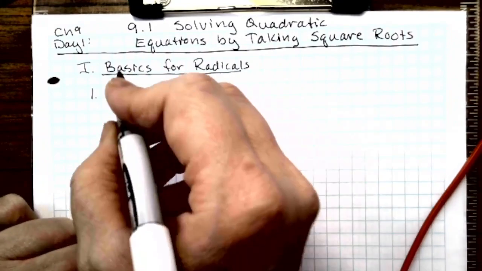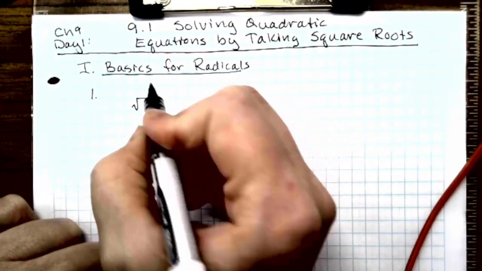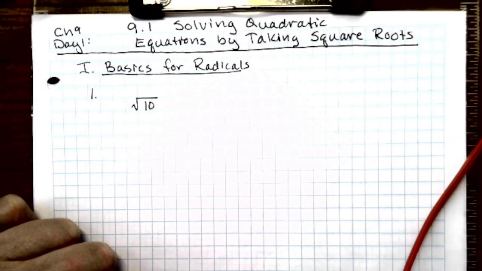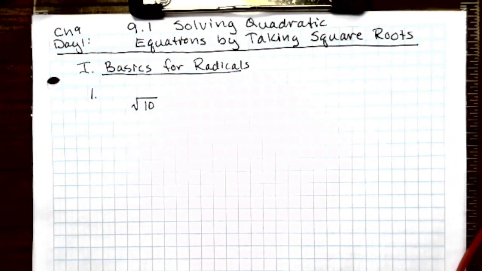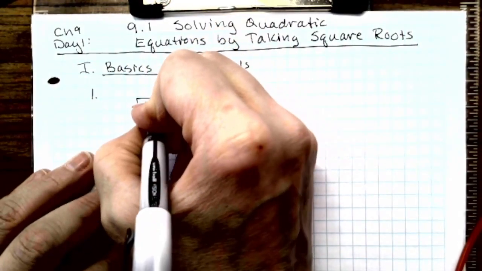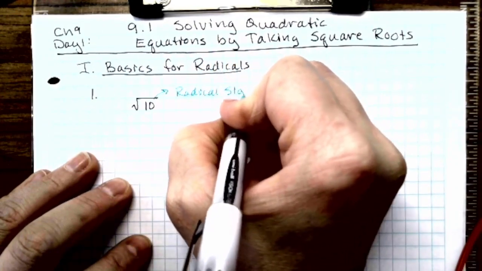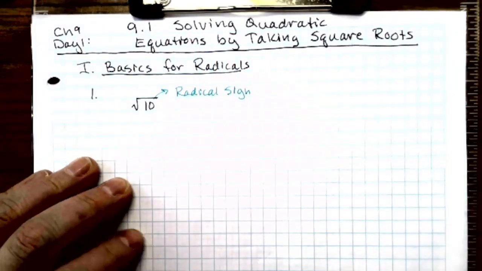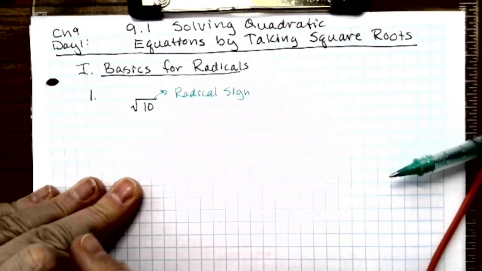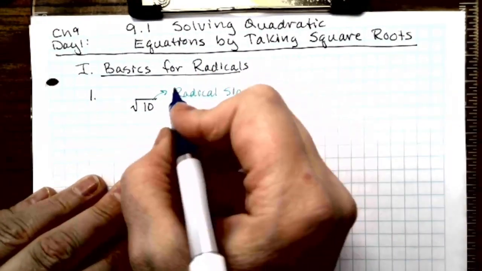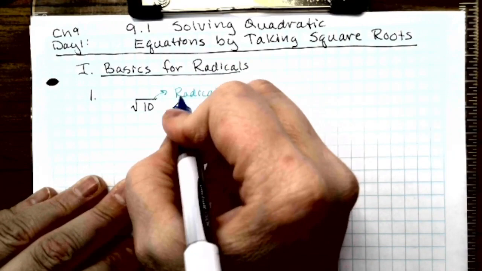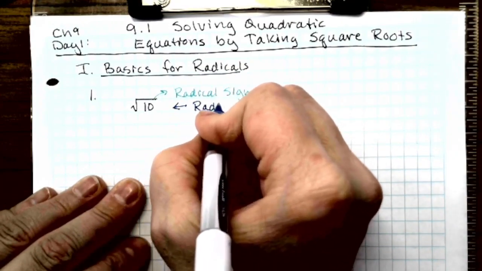Okay, so number 1. Let's start with body parts. So square root 10. The bar that's around the 10 is the radical sign. The inside of the radical, the 10, is called the radicand.